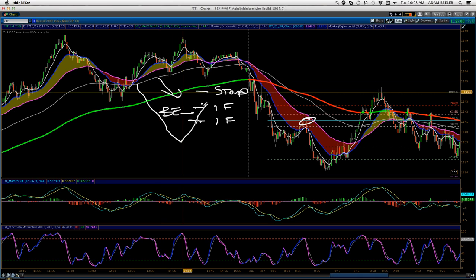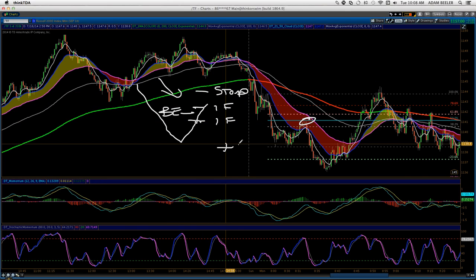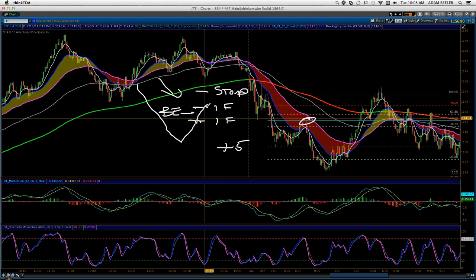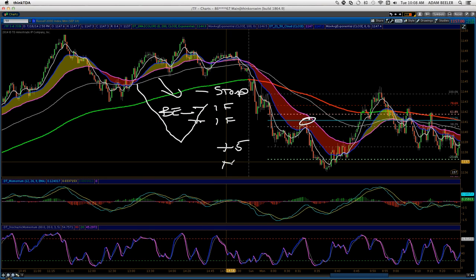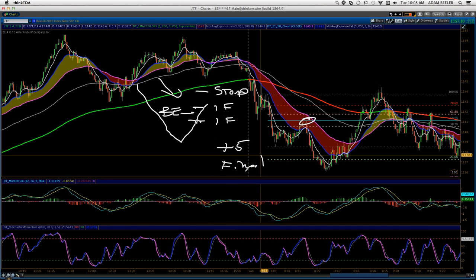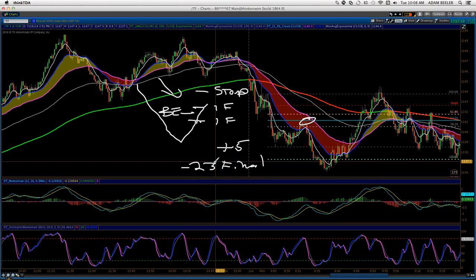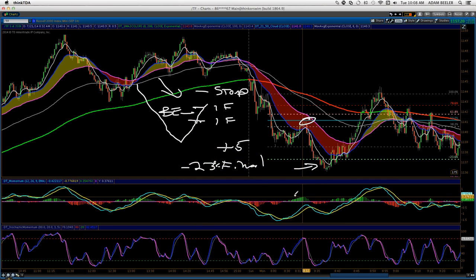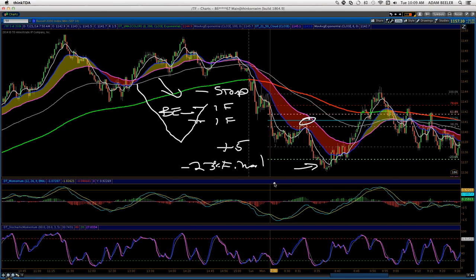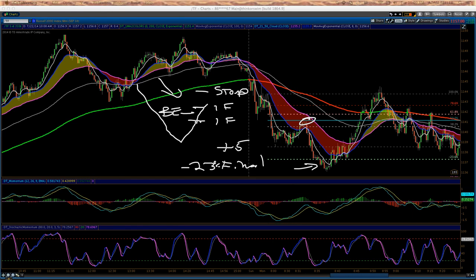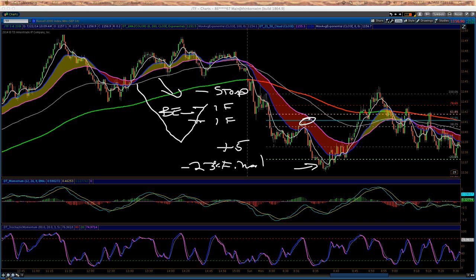We're with the momentum. First contract, I'm taking +5. Second contract, final target would be the -23%. Just like we've seen down here. Okay, so the first contract, remember this thing didn't turn at our original entry. So we put in, with the momentum, we put in one more. So we want to take off +5 to ensure that we're in a free trade, and then go ahead and let it run if it's wanting to.